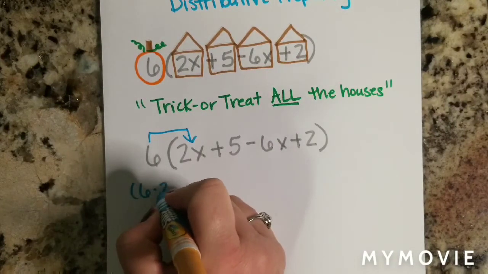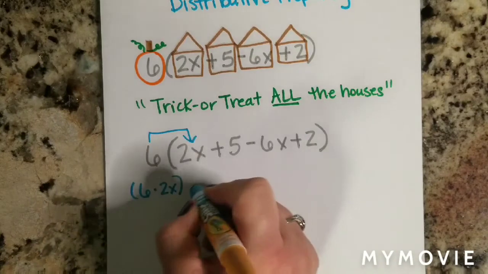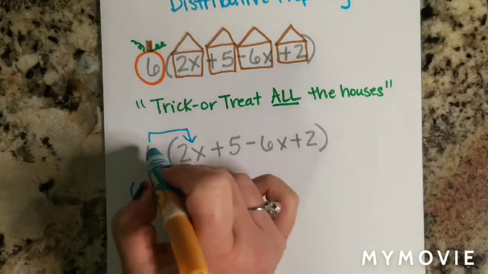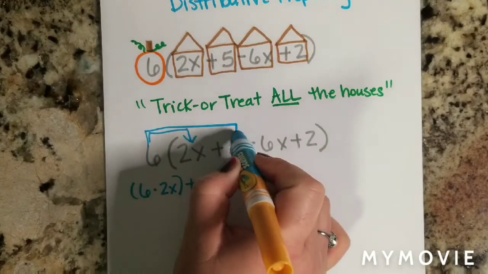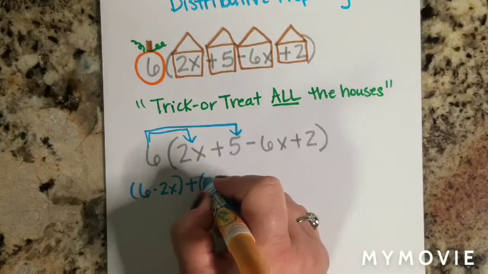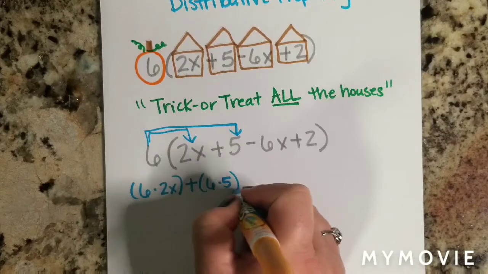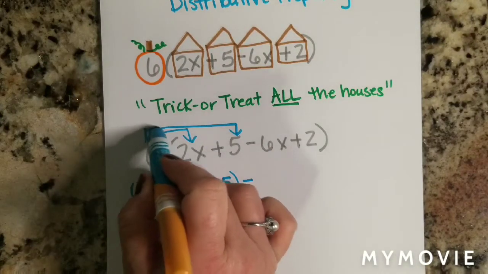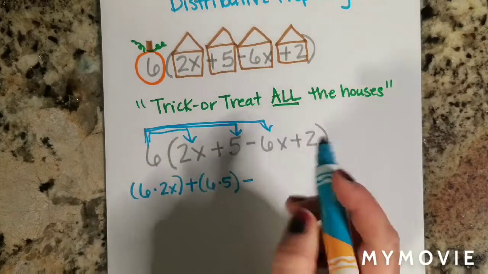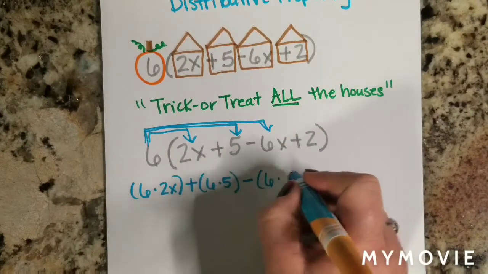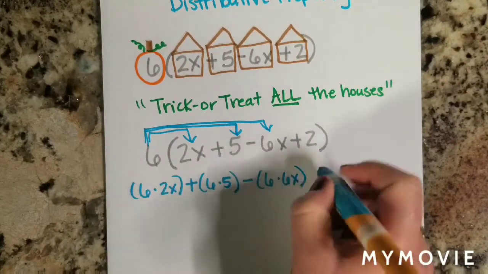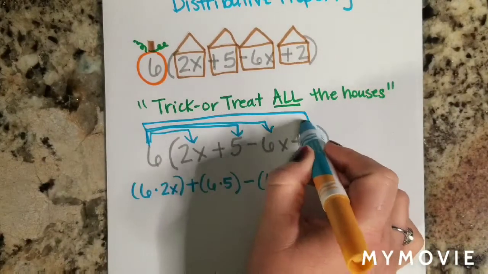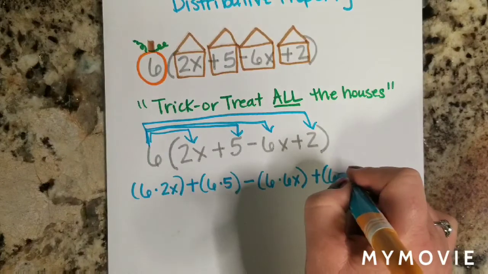Bring down the plus sign. Then we're going to say 6 times 5. Bring down the minus sign. Then we're going to say 6 times 6x. Bring down the plus sign. And 6 times 2.